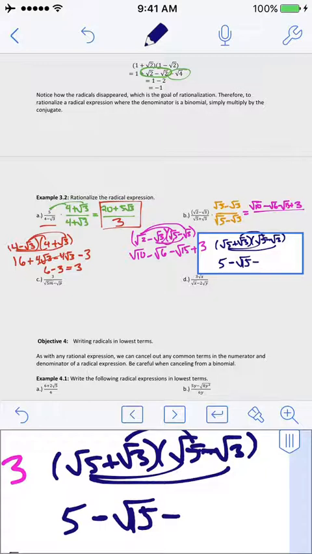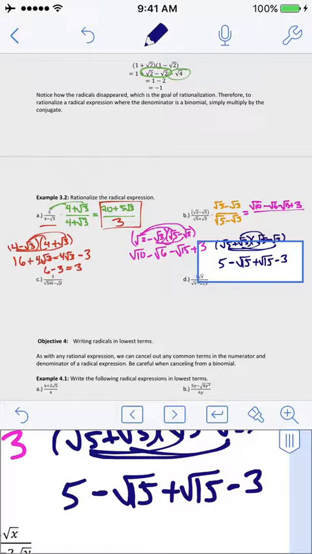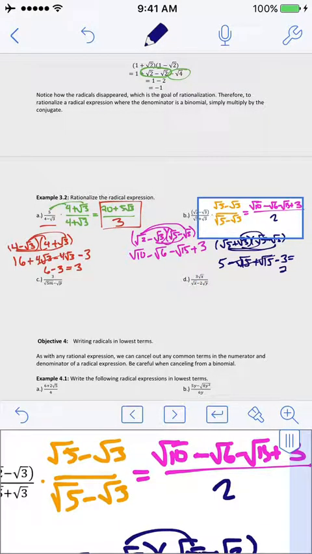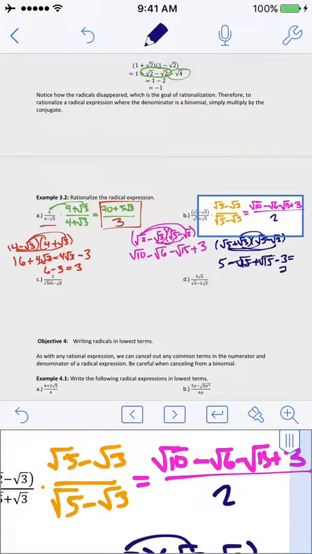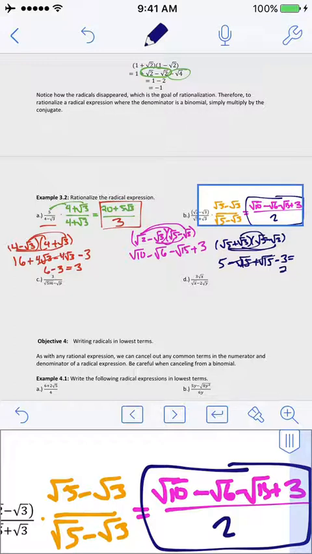Root 3 times root 5 is going to be positive root 15. And root 3 times negative root 3 is going to be negative 3. Those two cancel. I'm left with 5 minus 3, or 2. Good. It did end up being 2. 10 is not prime, 6 is not prime, 15 is not prime. It cannot be reduced, so I am done. That is my final answer.